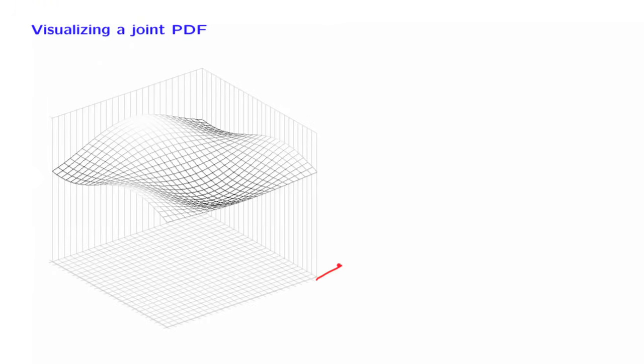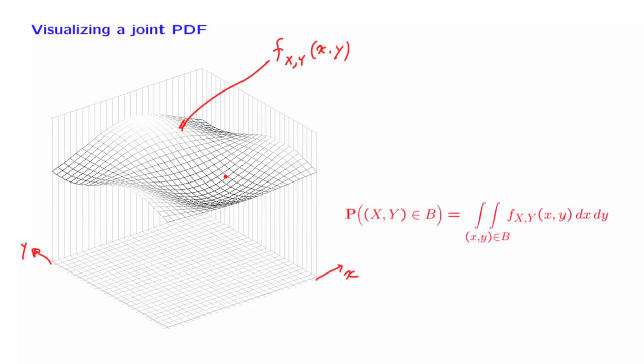A picture will be helpful here. Here's a plot of a possible joint PDF. These are the x and y axes, and the function being plotted is the joint PDF of these two random variables. This joint PDF is higher at some places and lower at others, indicating that certain regions of the xy plane are more likely than others. The joint PDF determines the probability of a set B by integrating over that set B, let's say it's this set, integrating the PDF over that set.